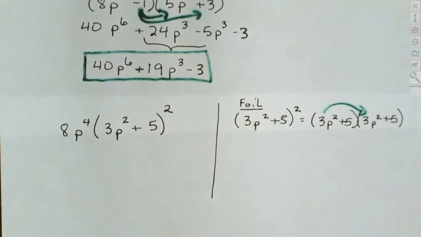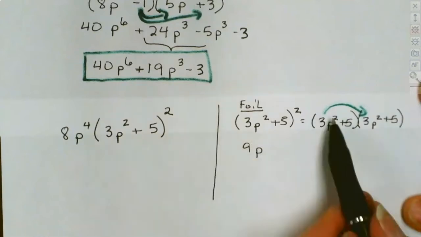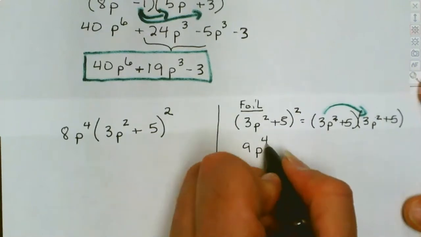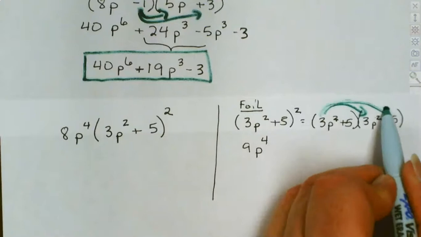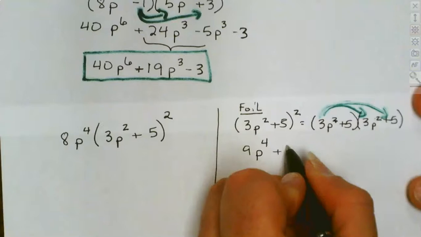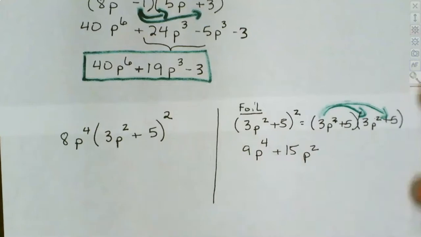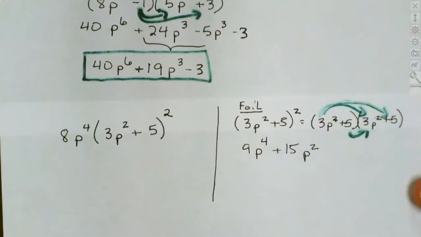First times first, 3 times 3 makes it a 9. p squared and another p squared, add those together, makes it p to the 4th. Outside and outside, 3 times 5 makes it 15p squared. Inside and inside is another 15p squared.